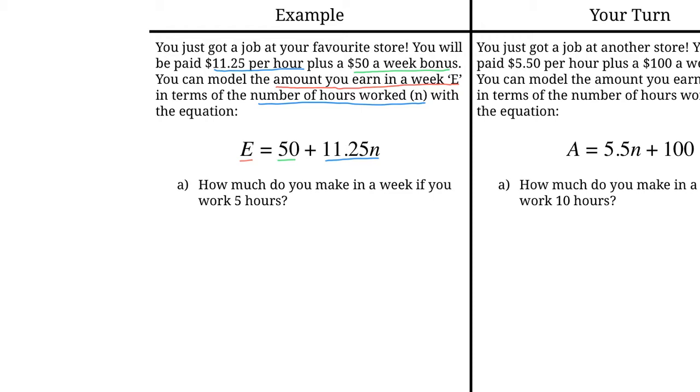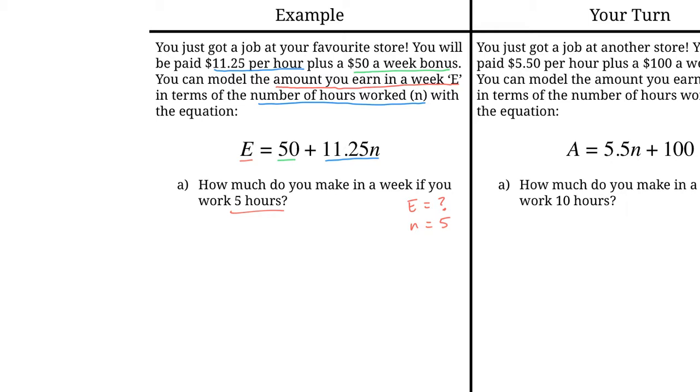So E and N are two unknown variables, but some information will be given in the question. It says, how much do you make in a week? So we're finding how much you earn in 1 week. And it says if you work 5 hours. So N is just equal to 5. That's the information you're going to need in order to solve this problem.